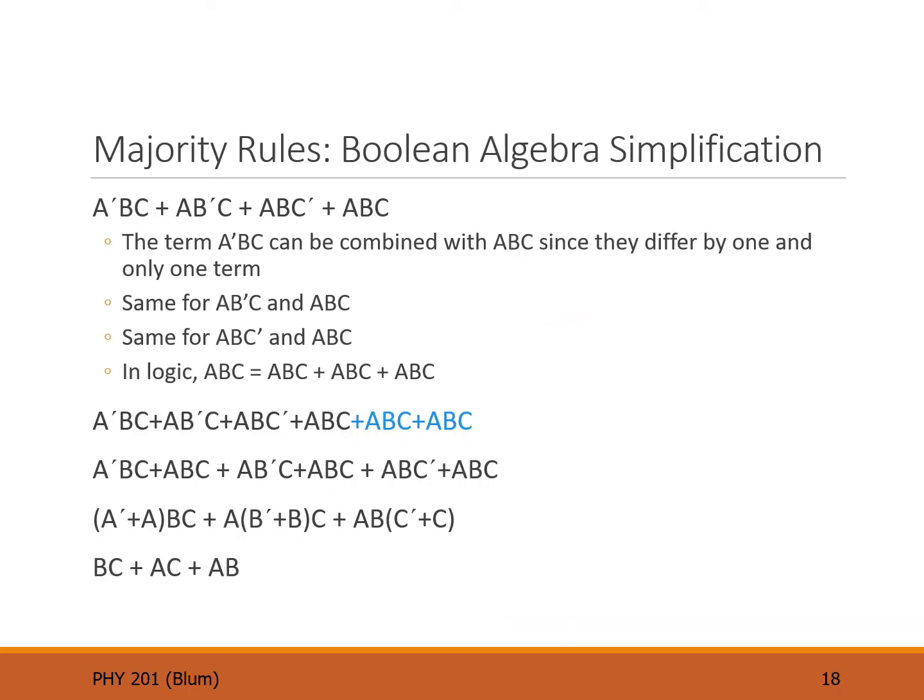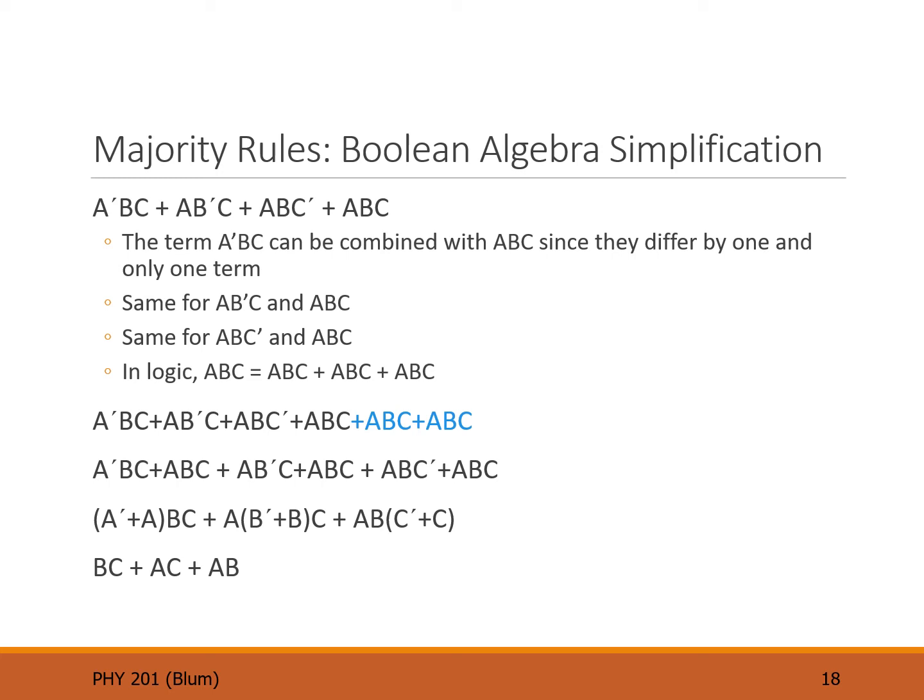Again, recall that our simplification occurs when two terms differ by only one of the inputs. So let's see if that occurs anywhere in this expression. Let me take the A prime B C and see if I can match it up with any of the other terms. If I try to match it up with the second term, A B prime C, we see that the A changed and the B changed, so it does not have a simplification with the second term.